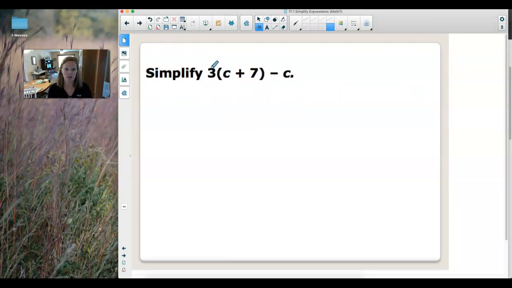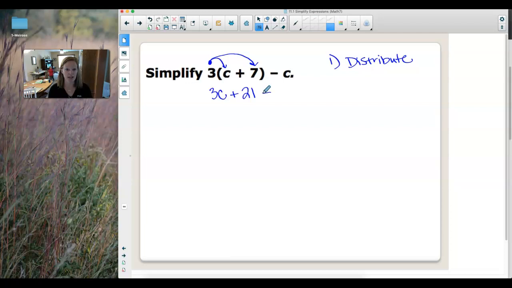We distribute the 3 because our first step is to distribute. Always distribute first. The 3 is the candy and it goes to everything in the parentheses. So we have 3c plus 3 times 7 is 21.